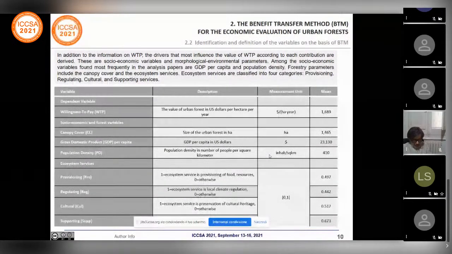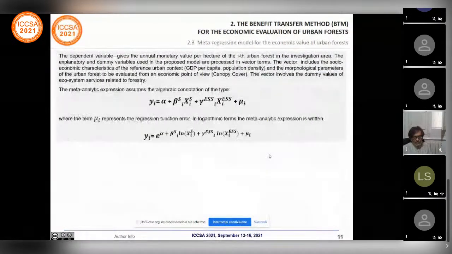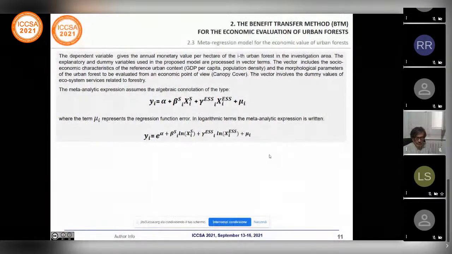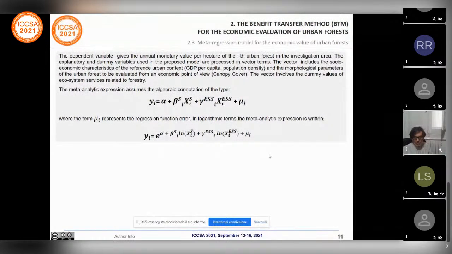The third step is the construction and use of a meta-regression model that is represented by a simple linear regression model analysis. According to theoretical and mathematical principles, we developed a benefit transfer value function that is very similar to this type of linear meta-regression model.